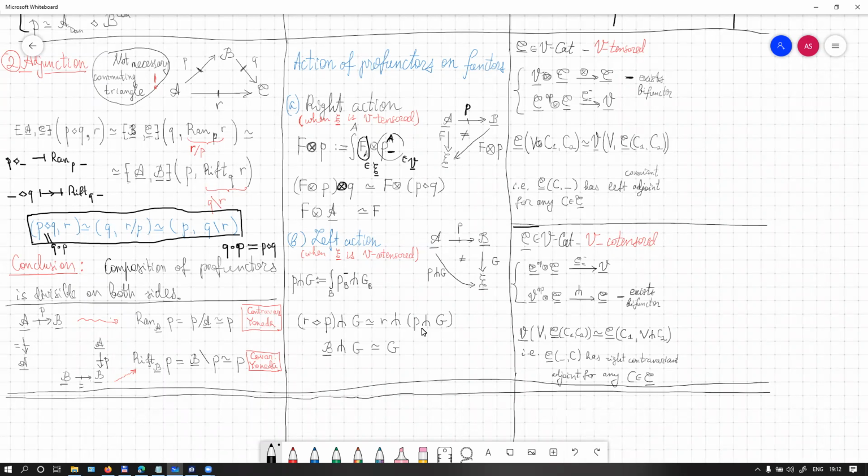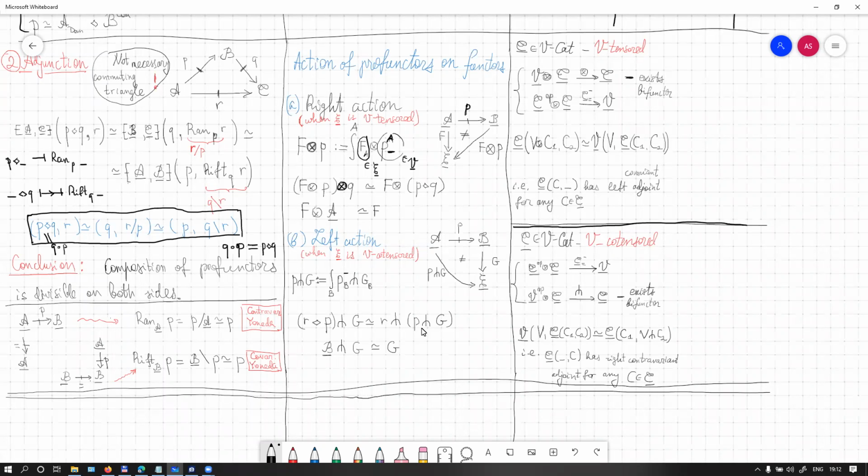So to do this, I need to give you or remind, if I was giving it before, cannot remember, what is a V-tensored category. So a V-tensored category is a category where you can act by your coefficients in a specific way. What I'm talking about right now.